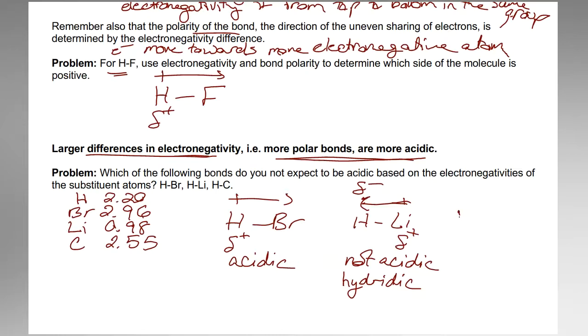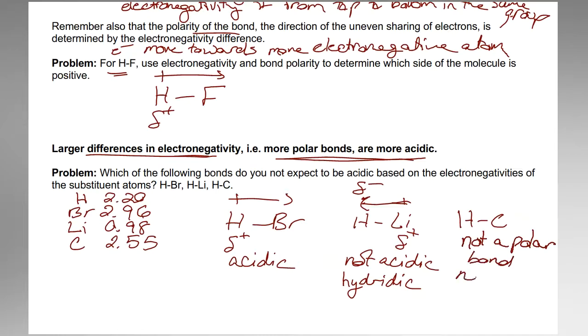Our last bond that we want to consider is the HC bond. The electronegativities of hydrogen and carbon only differ by about 0.3. That's very similar, so we don't typically think of this as a polar bond.